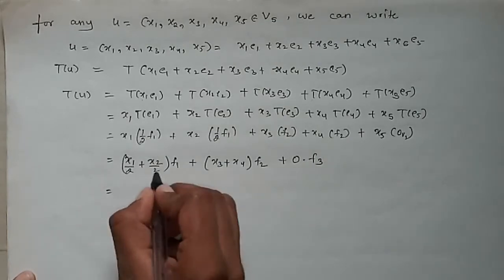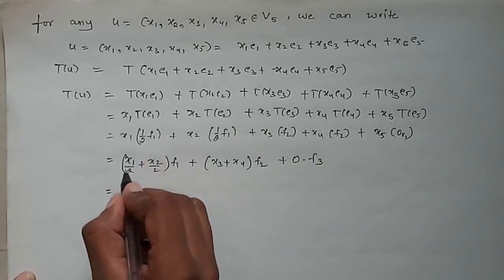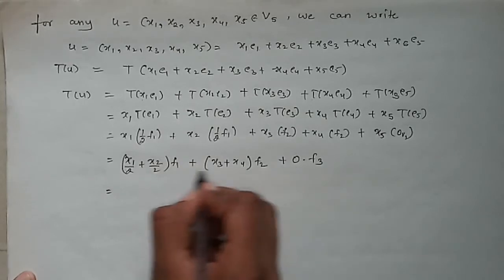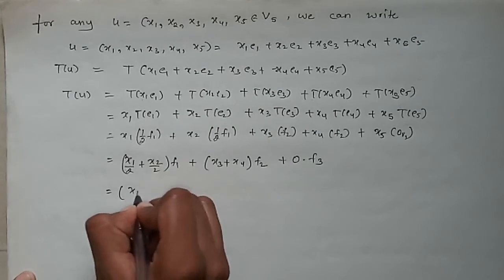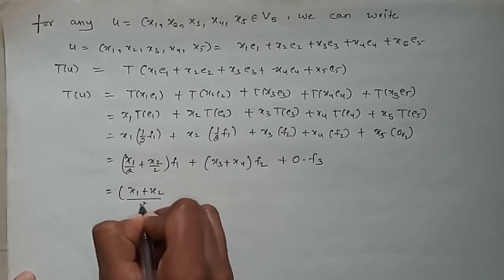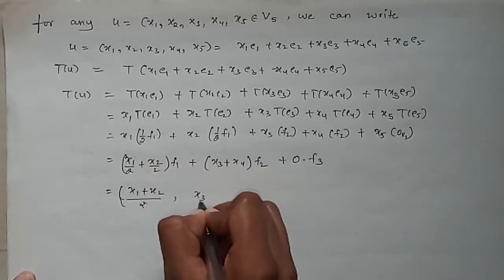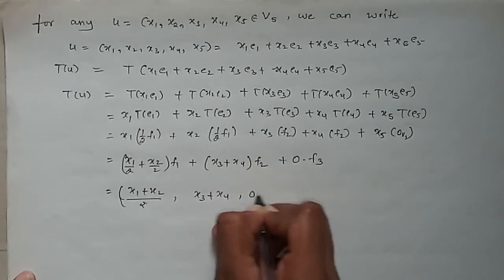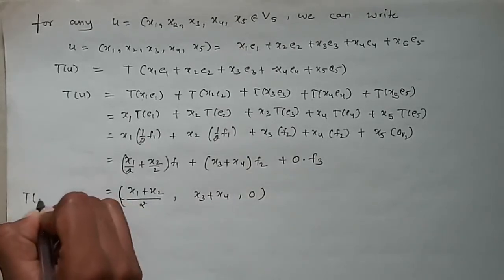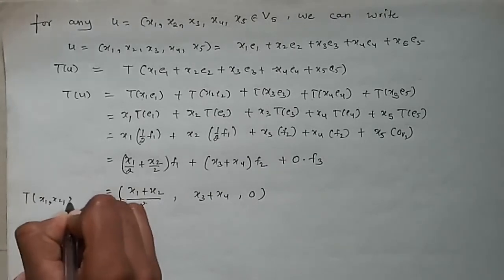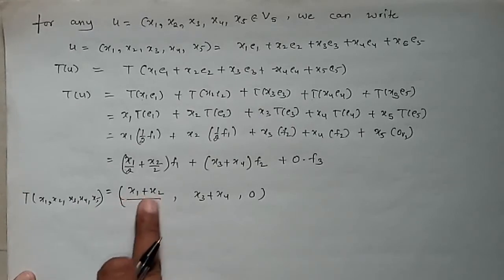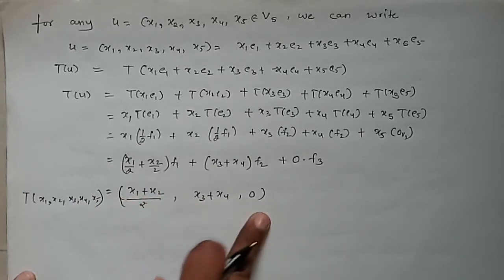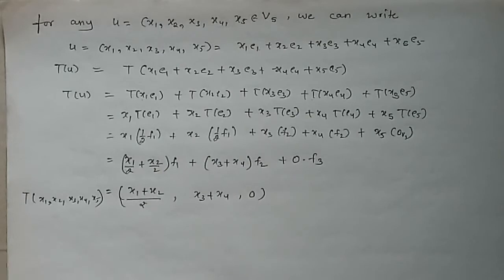Now this is a linear combination of F1, F2, F3, so I can write this as x1 plus x2 divided by 2, x3 plus x4 and 0. So my T of x1, x2, x3, x4, x5 is nothing but x1 plus x2 upon 2, x3 plus x4 and 0. Now I have my function, how it is actually defined.